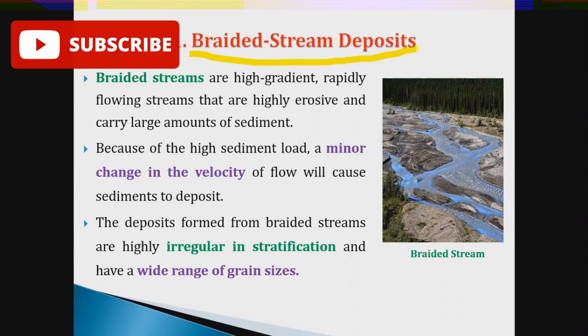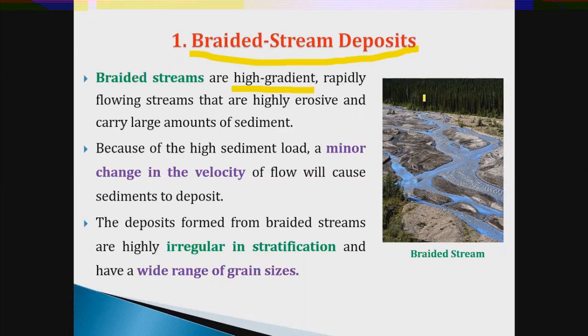In high gradient streams, the velocity of flow of water, as you all know, is high. This high velocity will erode the banks and the beds of a river, and a huge amount of sediment will be transferred from one location to another via the huge currents of water.